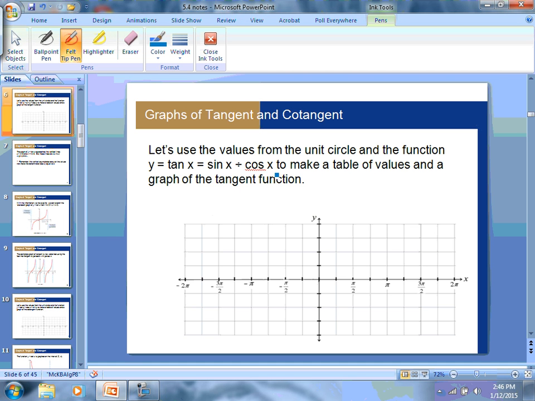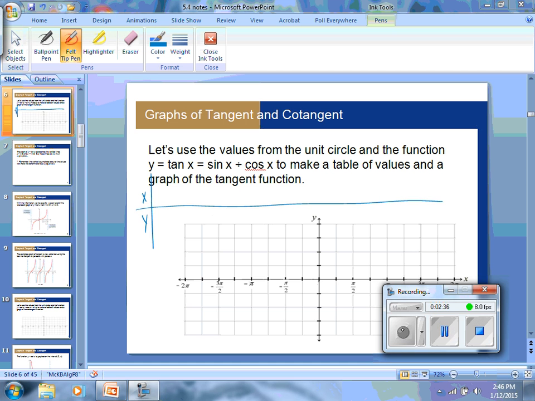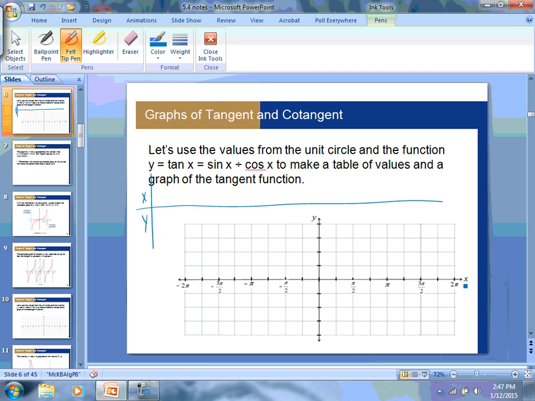Okay, so sine of x divided by cosine of x. So I've got my x, it's going to be a big table, and then my y values. I'm going to start at 0.